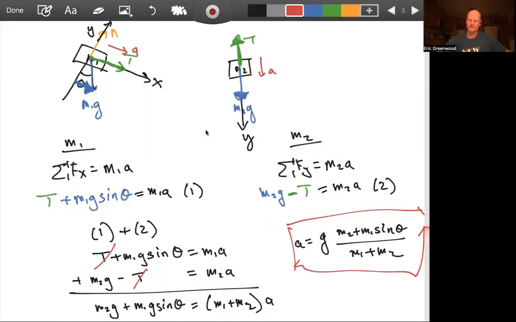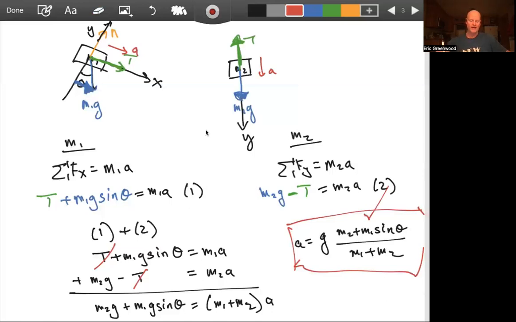And that's actually true. Here I have mass plus mass times sine, but sine is a dimensionless quantity, so that's mass plus mass divided by mass plus mass, which is dimensionless. So ultimately, this has exactly the correct units, and it makes sense.